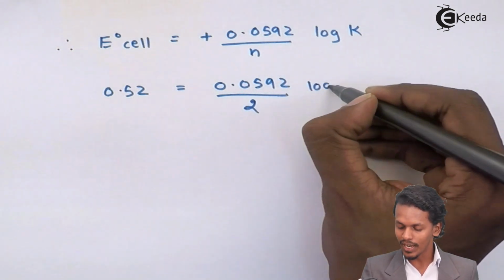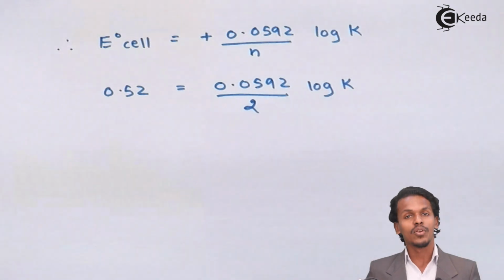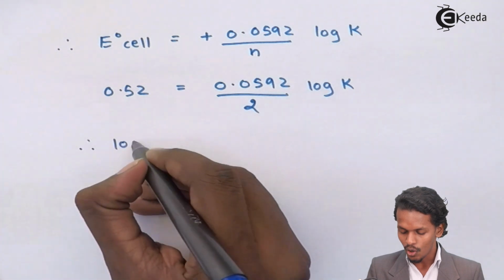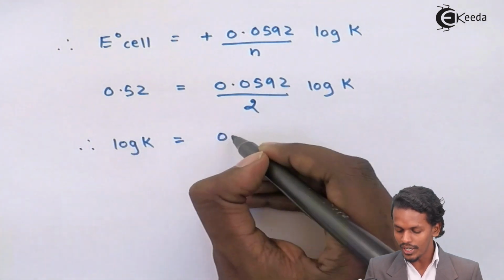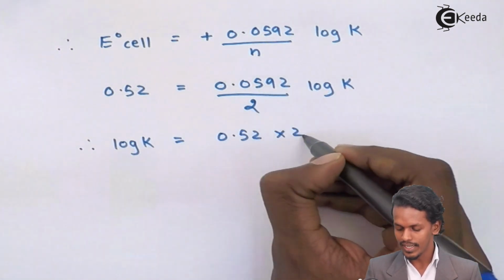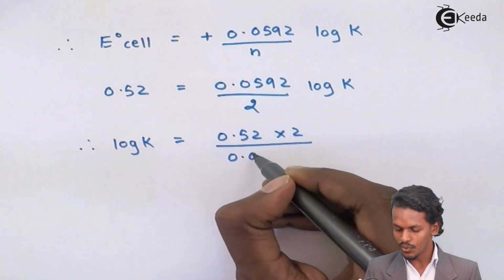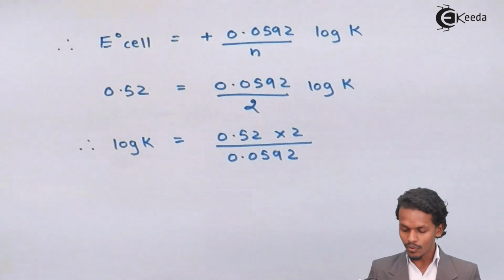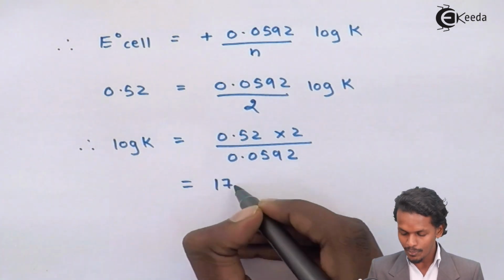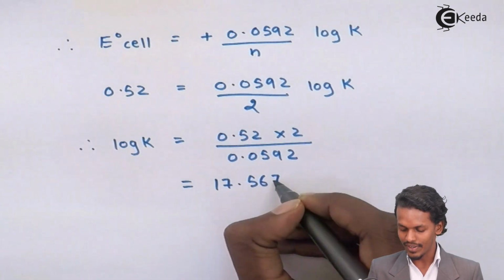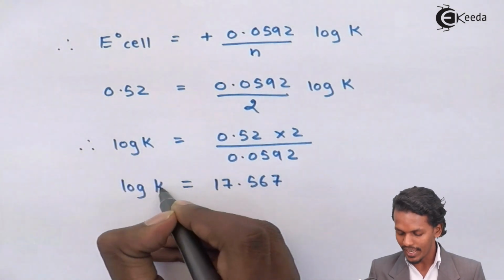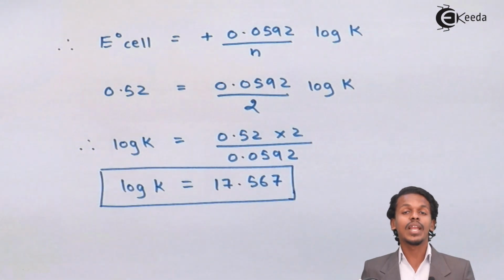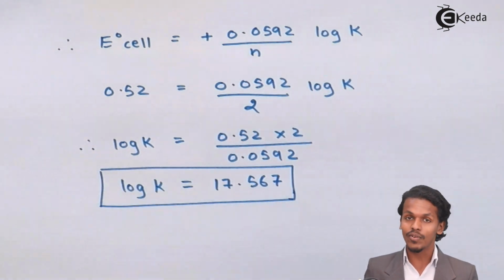Now we have to calculate the value of log K first. Log K will be nothing but 0.52 into 2 divided by 0.0592. Let us see what answer we get. We have got a value of log K as 17.567. But we have to calculate the value of K, the equilibrium constant.